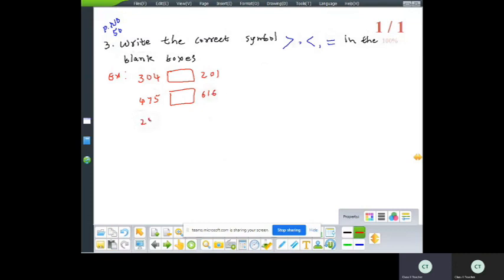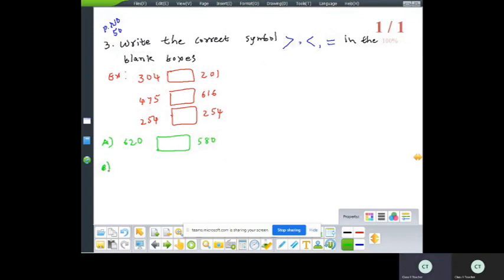Third example, 254 box 254. Now question A: 620 box 580.